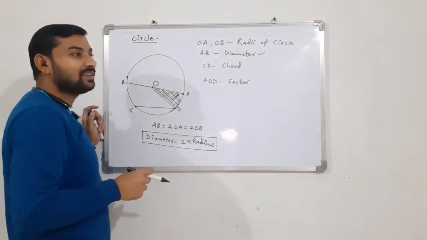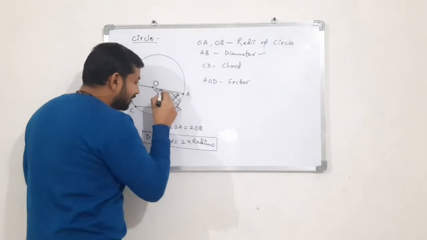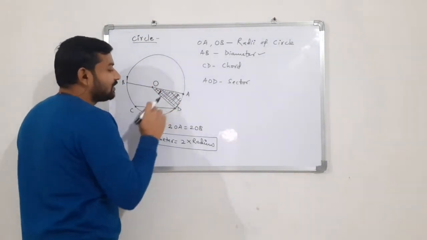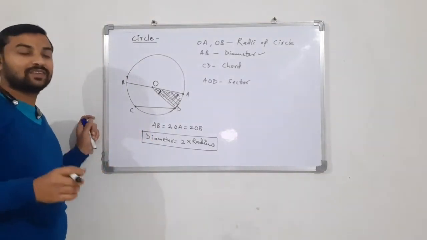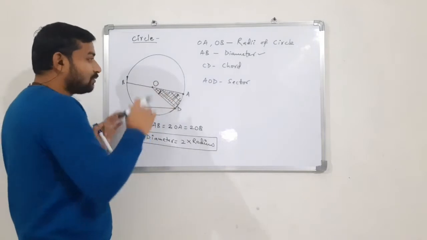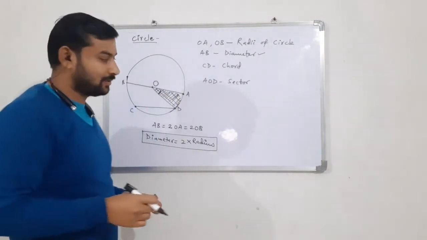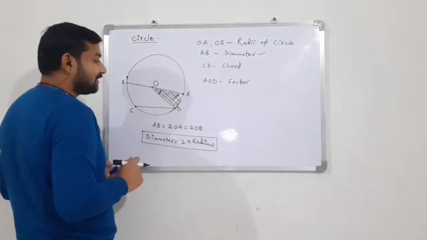And we can say sector is a part of circle which is made by some angle at the center of the circle, and the remaining portion of the circle will be again a sector which is called major sector. मतलब जो बड़ा पार्ट होगा सर्कल का वो मेजर सेक्टर होगा और जो छोटा पार्ट है वो माइनर सेक्टर होगा. So this is how we talk about sector.